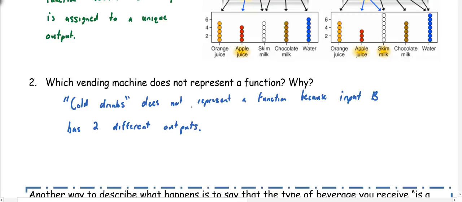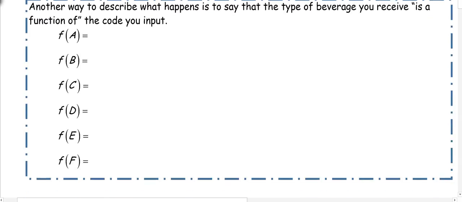So it doesn't have a unique output for every button. Another way to describe what you see is that the type of beverage you will get is a function of the code.